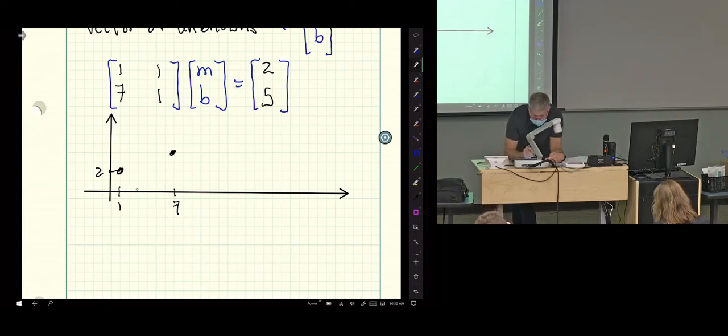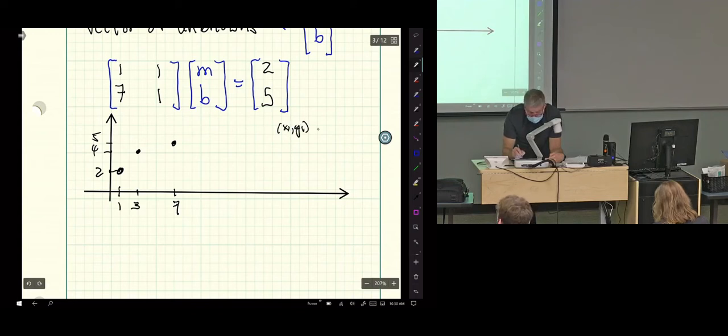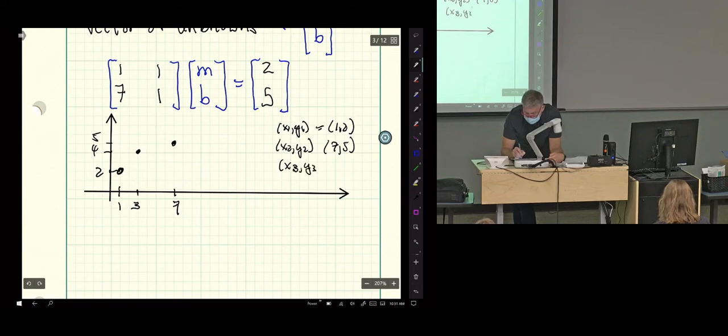So x1, y1 equals 1, 2, x2, y2, I'll keep it as the 7, 5 I had before, and x3, y3, that's 3, 4.